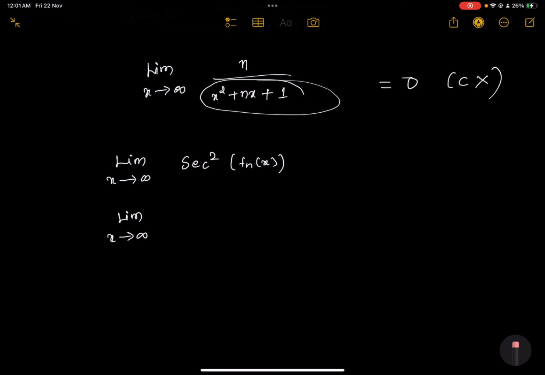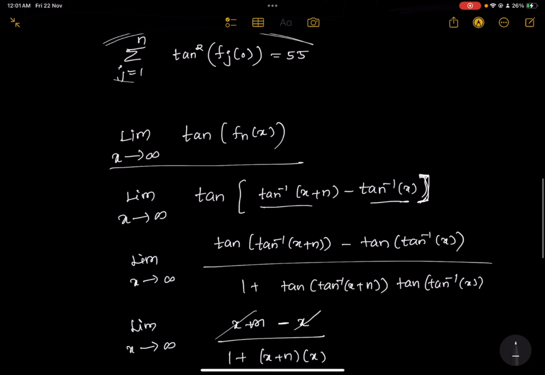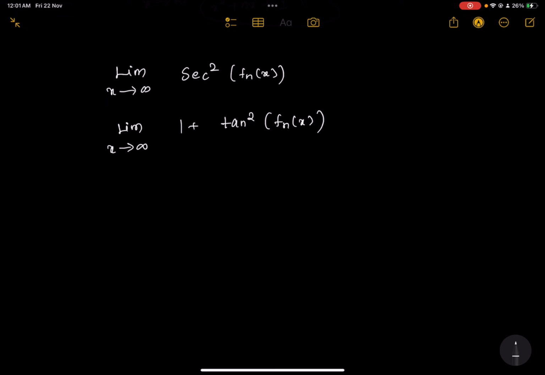So this is 1 plus tan square fn of x. So we already found out tan fn of x tends to 0. So this is limit x tends to infinity 1 plus limit x tends to infinity tan square of fn of x.